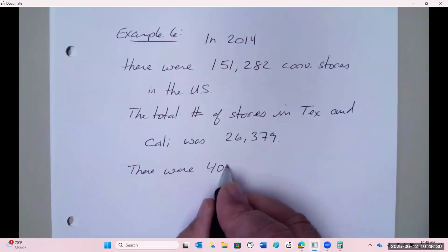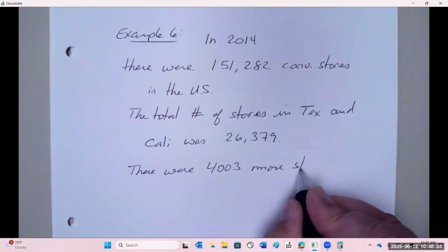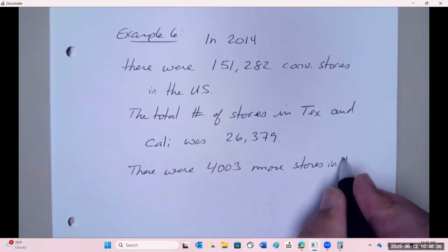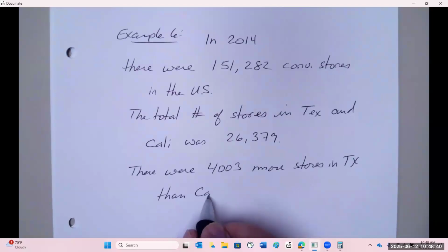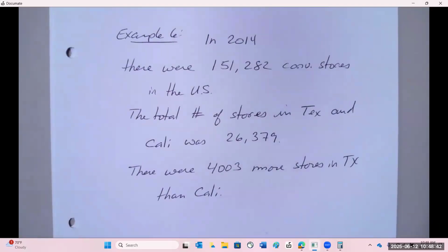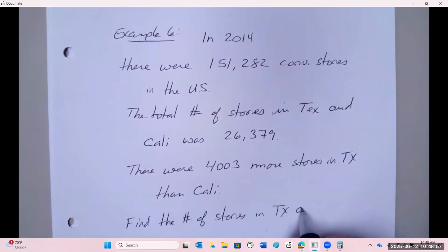There were 4,003 more stores in Texas than California. Find the number of stores in Texas and California.